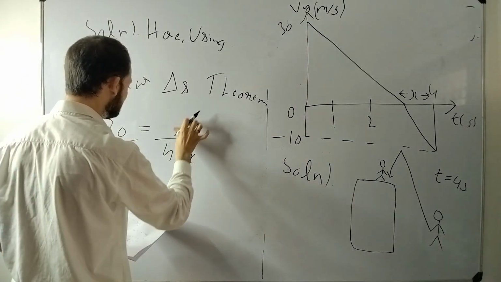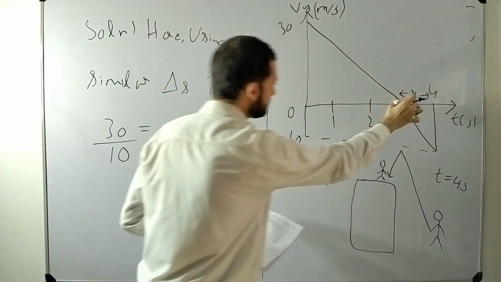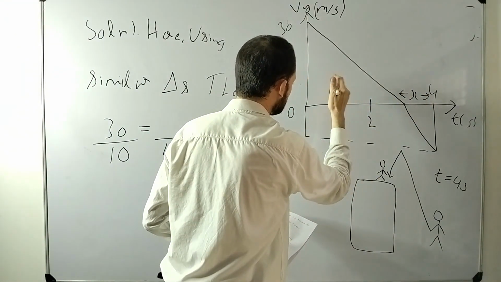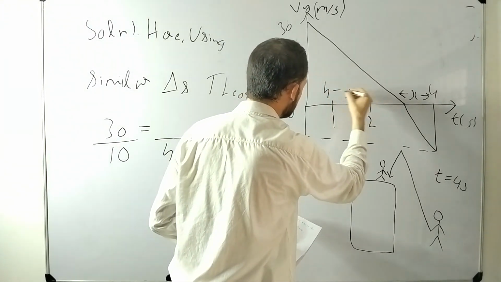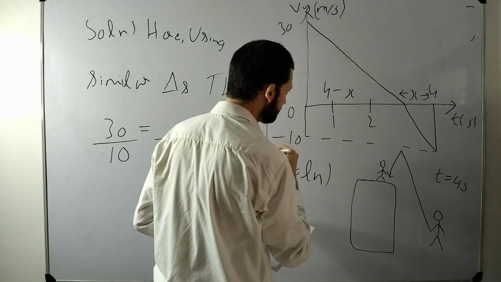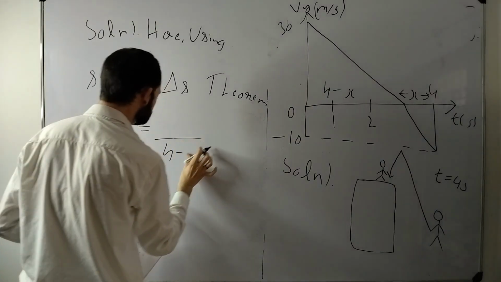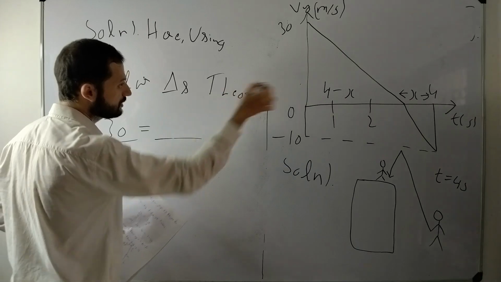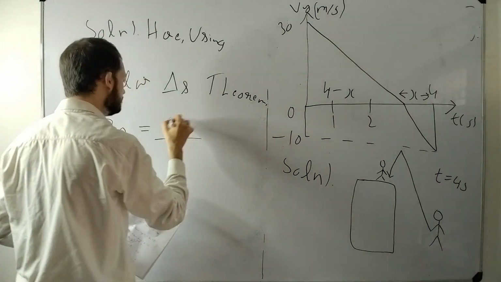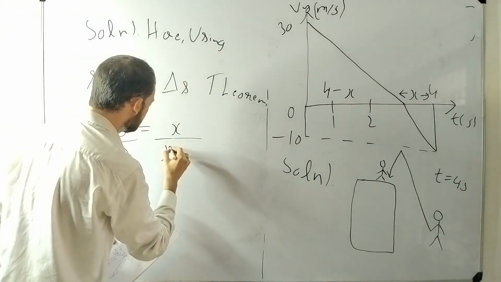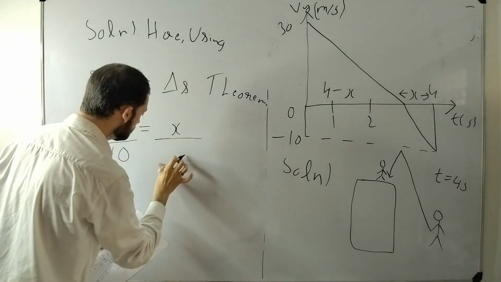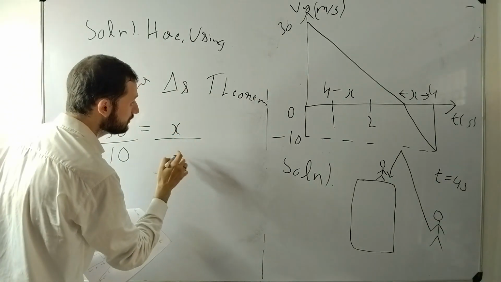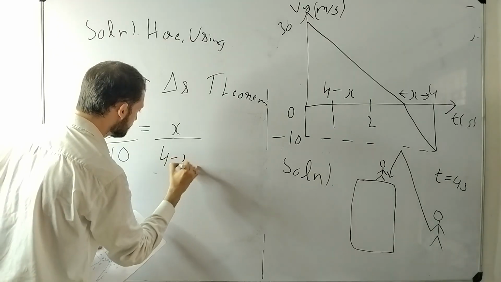Oh sir, for x is this, no? X is this. So this should be 4 minus x. Yes, I didn't write this. Now it is perfect. X is this, and instead of that I took this. Yes, x, and this is 4 minus x. So one would ask me, what did you do here?